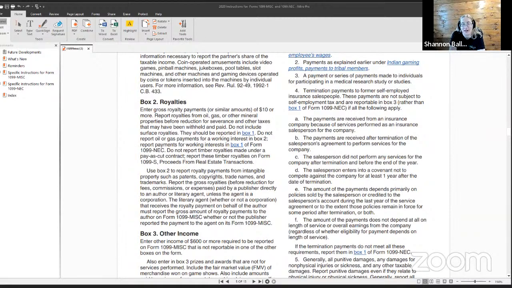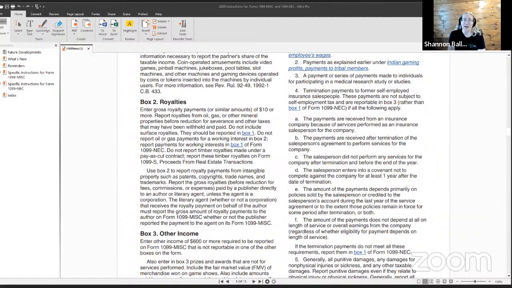But so anytime anybody is getting a royalty, they would get a 1099 miscellaneous and have box 2 reported. And just make sure to note that the minimum requirement for a box 2 royalty is $10.